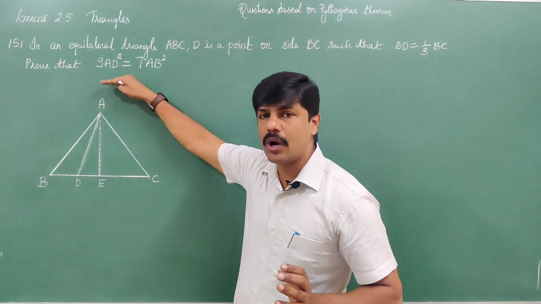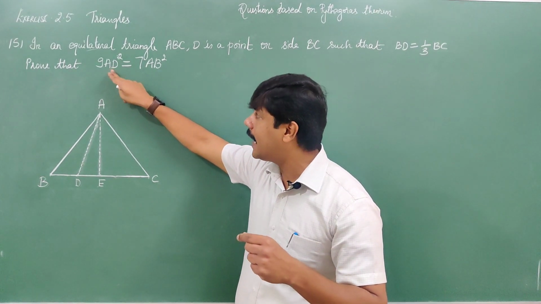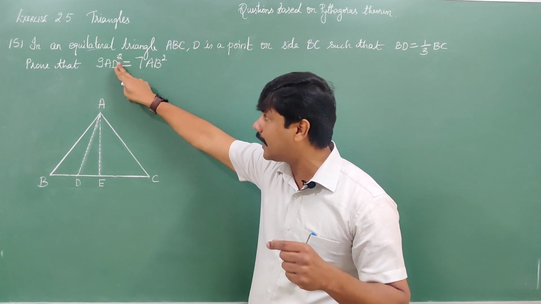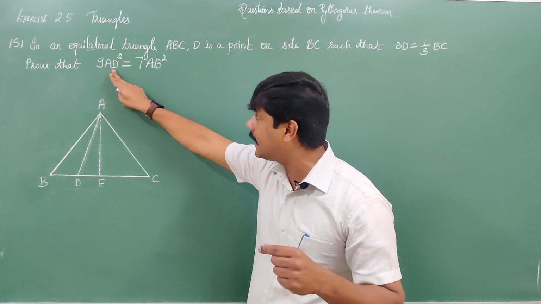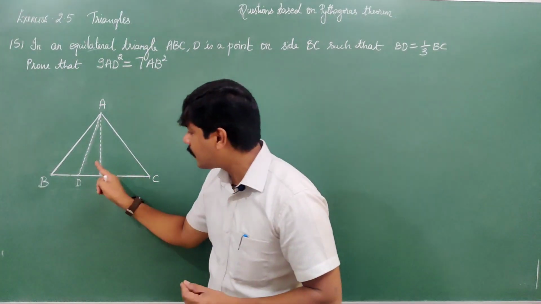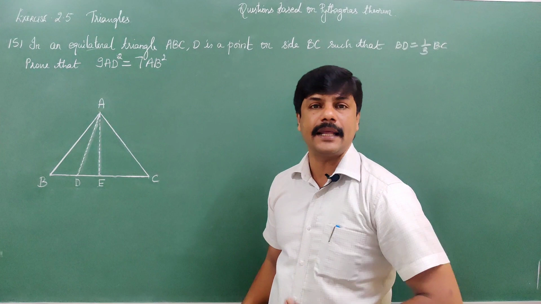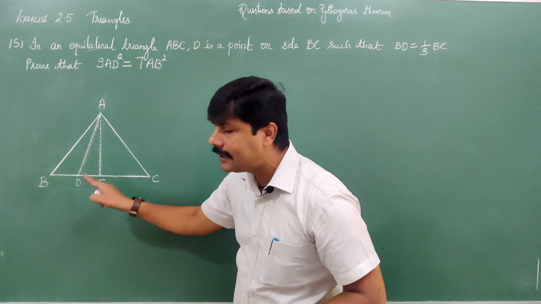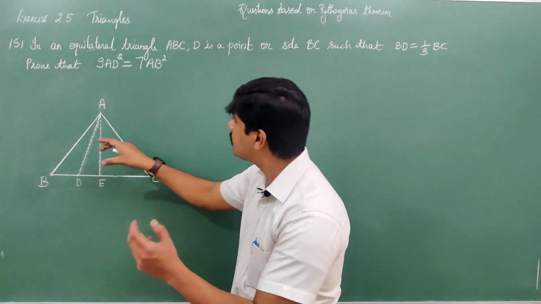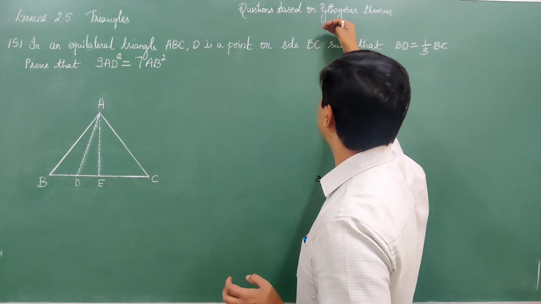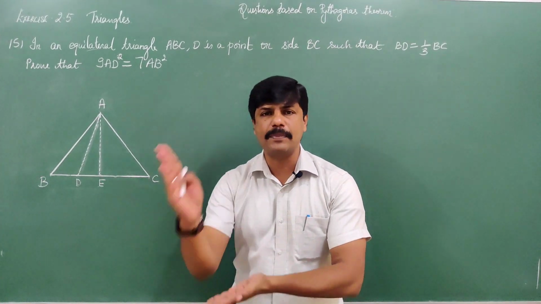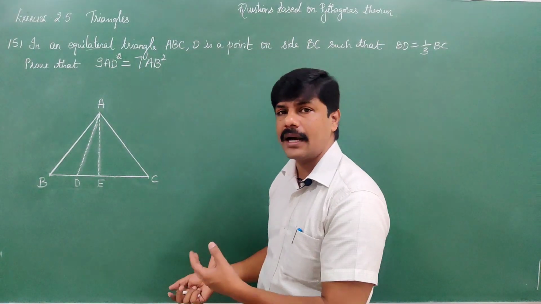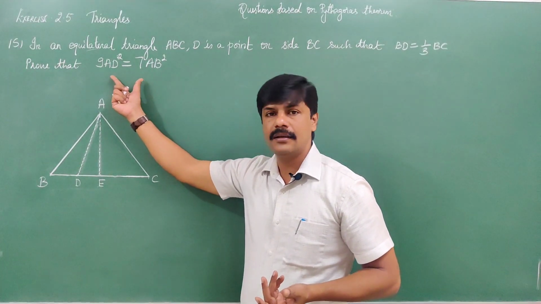But what we need to prove is 9AD square is equal to 7AB square. That means AD and AB are there, so AD should be connected here. We need to do some construction: join A and D. Since this question is based on the Pythagoras theorem, we need one perpendicular so that we can apply the Pythagoras theorem and arrive at this solution.